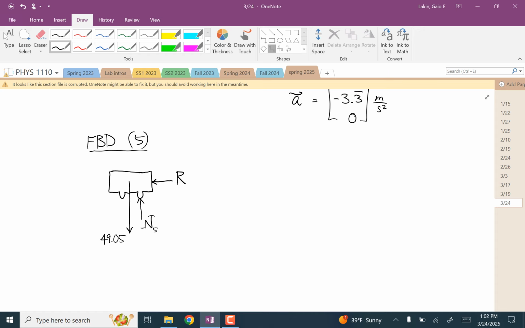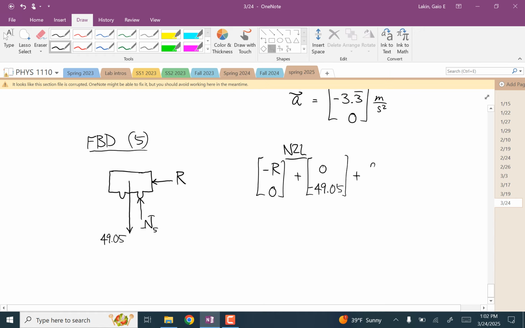We already know the acceleration vector of this, so I can go right to Newton's second law. And it says negative R, 0, plus 0, negative 49.05, plus 0, N5, that's all three of those forces, is equal to the mass of this chosen body, 5, times its acceleration vector, which is negative 3.3 repeating, 0.